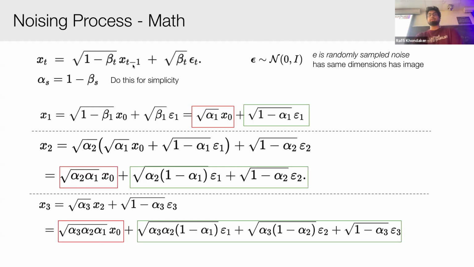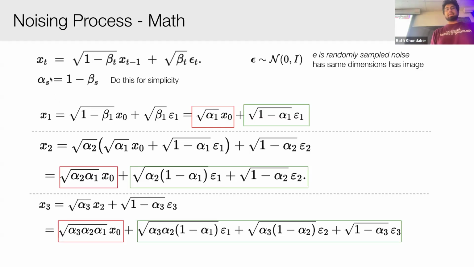That means we retain the square root of 90% of the original image, and then we add in the square root of 0.1 amount of noise. The lower beta is, the more we retain of the original image, and the slower we add noise. Does that make sense? This is just a function for adding noise.